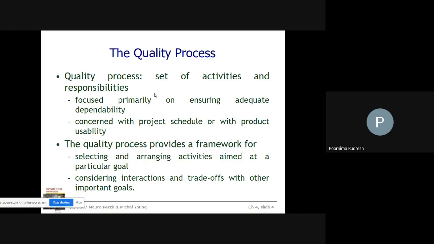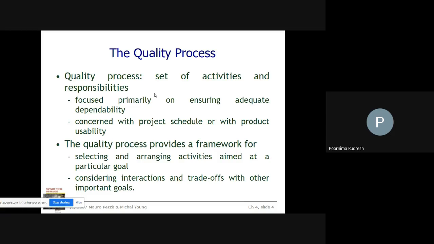And here we are concerned with the project schedule, or with the product usability. Project schedule, as I explained in the last chapter, in the visibility, we need to identify the project goals, and we need to have proper project planning.